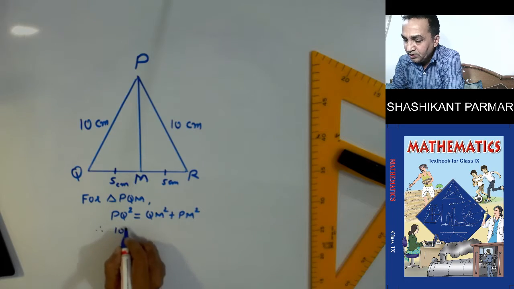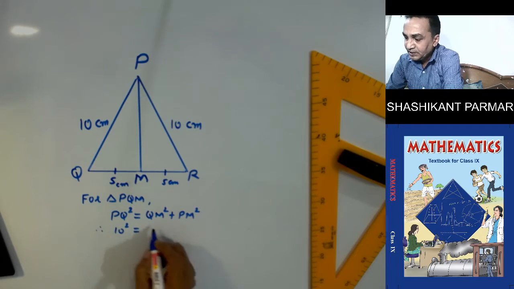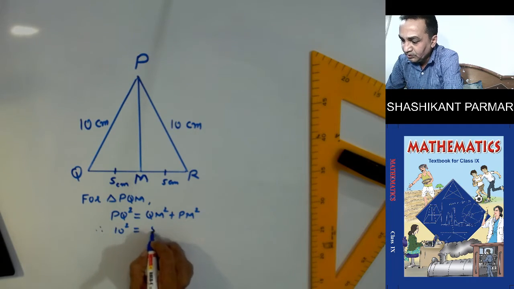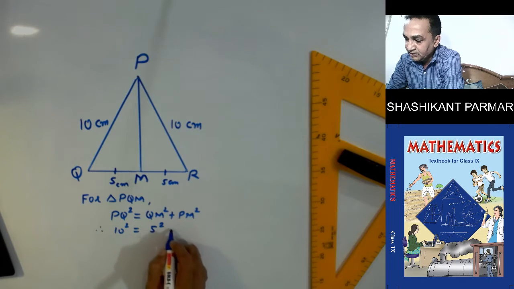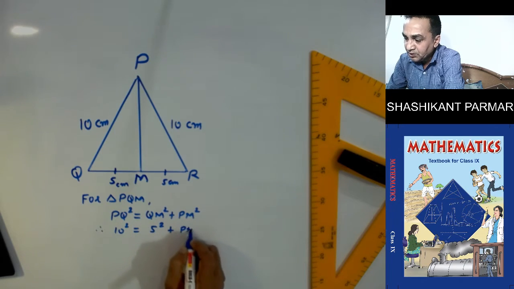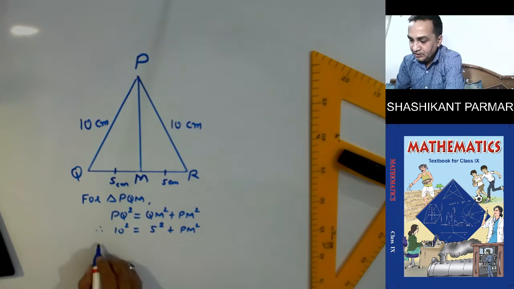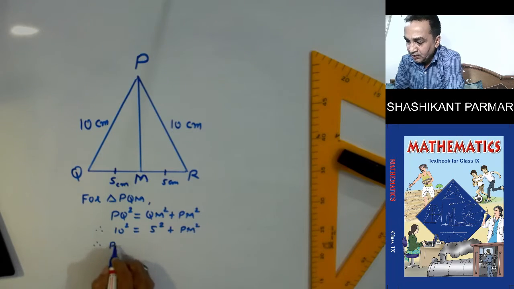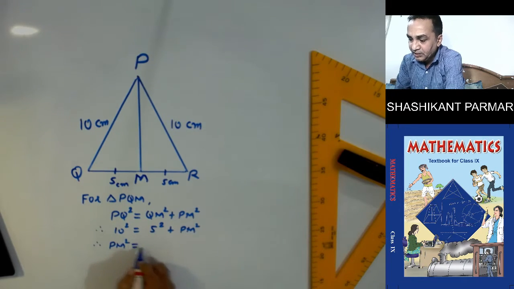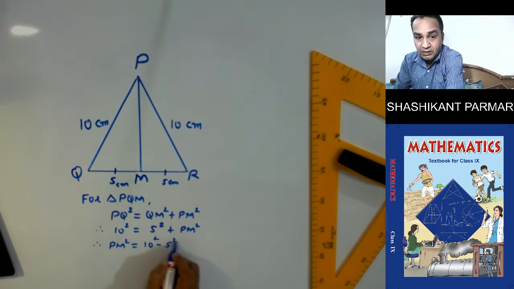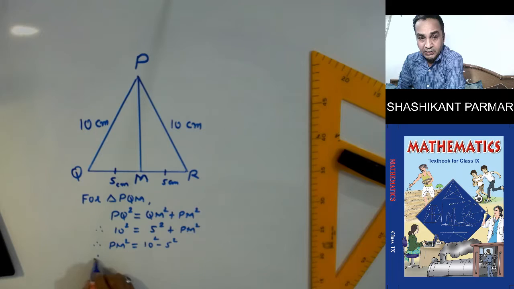Therefore, 10 square is equal to 5 square plus PM square. Therefore, PM square is equal to 10 square minus 5 square.